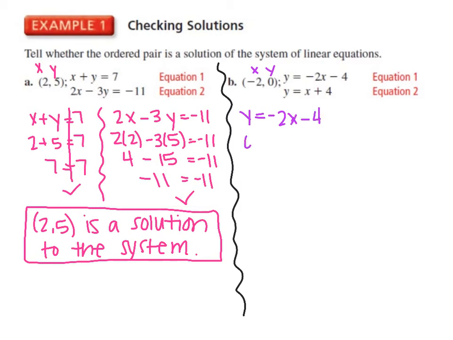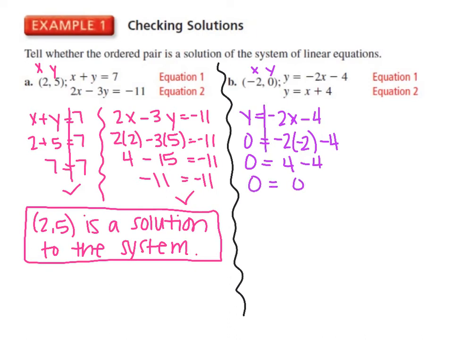If I put 0 in for y and negative 2 in for x, I get 0 is negative 2 times negative 2 minus 4. Negative 2 times negative 2 is 4, minus 4, and 4 minus 4 is 0.